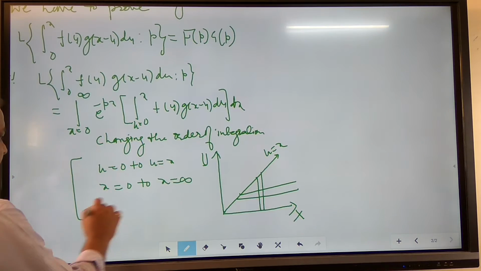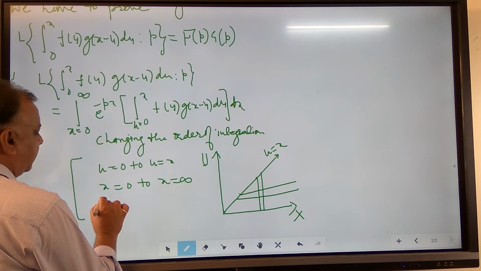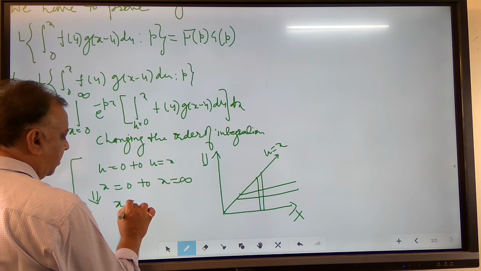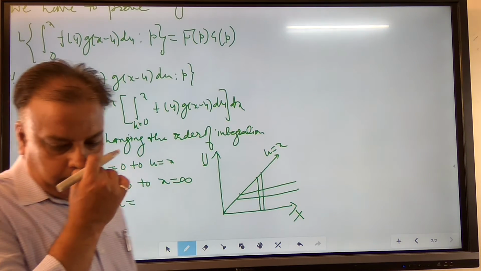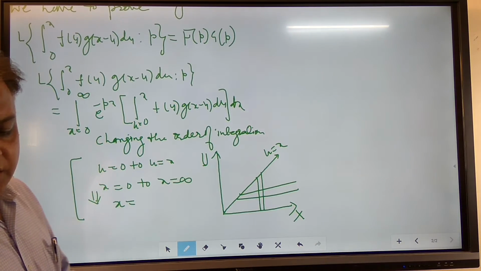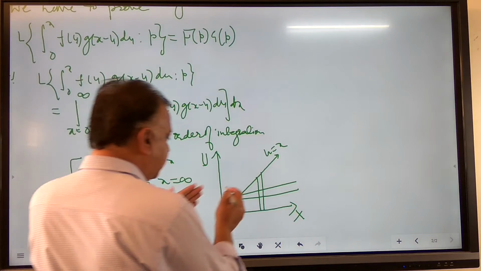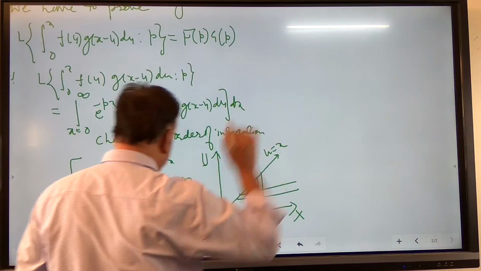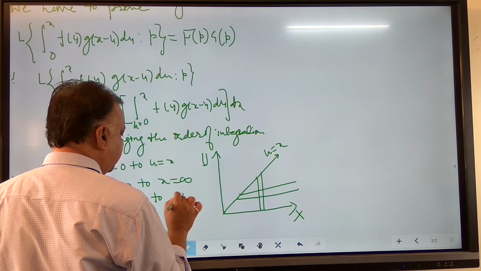So the limits of x, after changing the order of integration, start from this line, so x equals u, and go towards infinity, so x equals u to infinity.